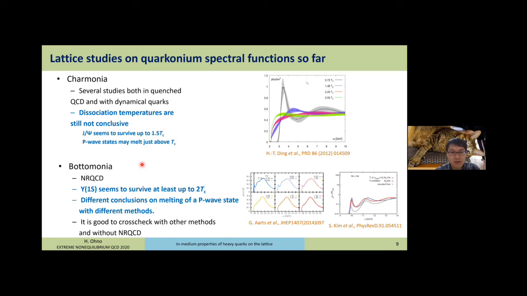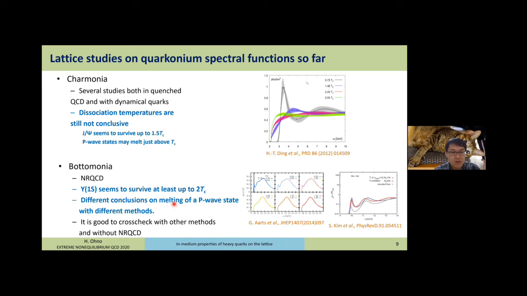There are results from different groups, but basically what they showed is that the epsilon 1S channel seems to survive at least up to 2 times the critical temperature. But for the P-wave channel, there are different conclusions from different groups, so it is still not conclusive.